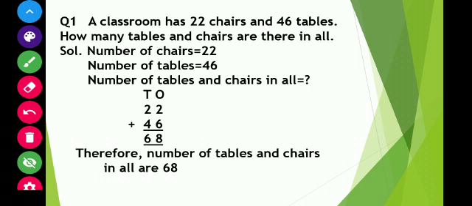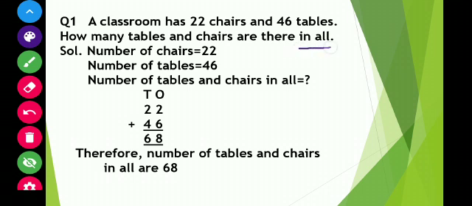And second information which is given is the number of tables, which is 46. Now, how many tables and chairs are there in all? What is asked in the question? Number of chairs and tables together in all.